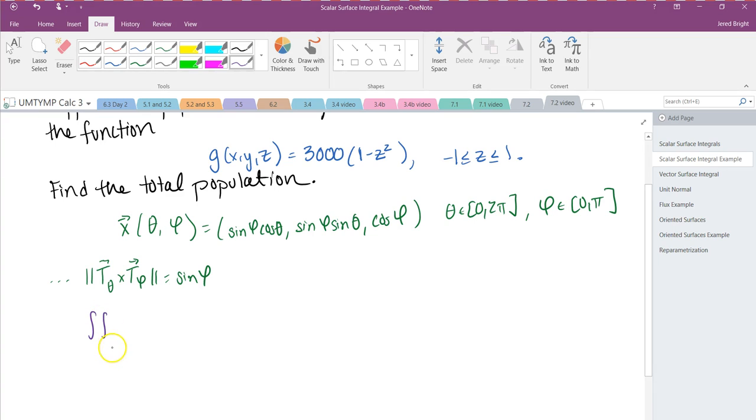The only thing we need to do now is actually do the scalar surface integral. The scalar surface integral over this parameterization of our surface, of g dS, is going to be the integral from 0 to 2 pi, 0 to pi, and into our function g we use our parameterization, so this is 3000 times 1 minus, and z is cosine phi, so cosine squared phi, and then the length of the normal vector, which we found was just sine of phi, d phi d theta.